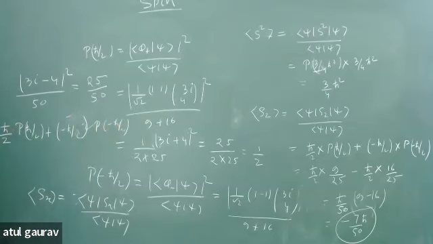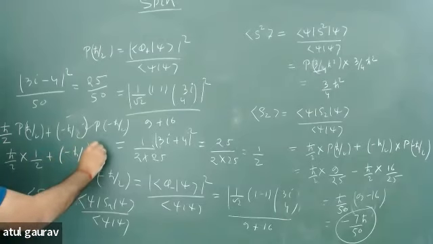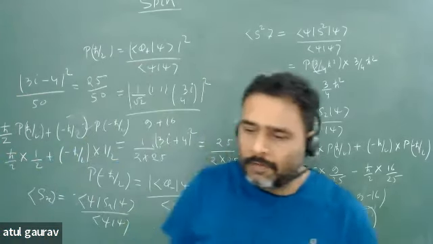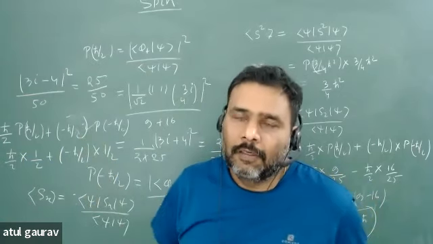And what is the probability of h cut by 2? What did we get? 1 by 2. What was the probability of minus h cut by 2? 1 by 2. That value is equal to 0. So this is a straightforward question based on postulates, and you can easily solve this particular thing.